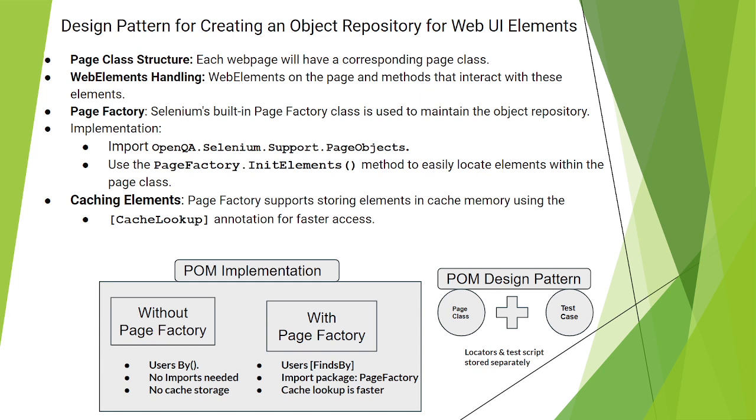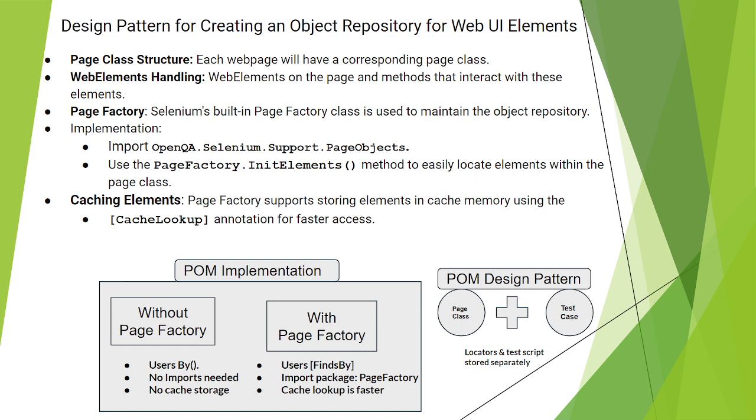Each web page will have a corresponding page class for handling web elements on the page and methods that interact with these elements. So you will create page methods, and you will create page objects in a separate directory, and then you will configure them so that they can connect. Then you can create a page factory class.